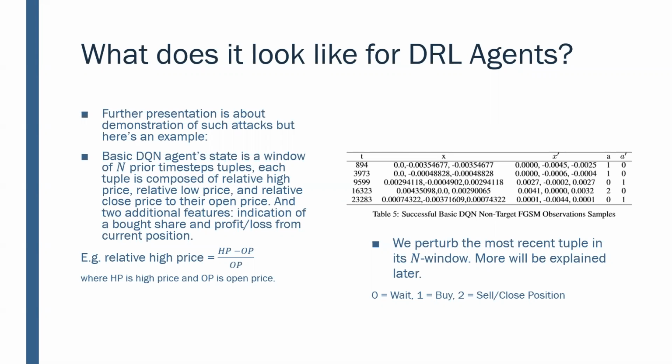This dynamic is the relative high, relative low, and relative close. Its adversarial counterpart that we exchange this tuple for follows the same dynamic, but the action is different. The original action was to wait, which is 0, and the adversarial action taken instead, by interchanging this perturbed tuple of values, is action 1, which is to buy.